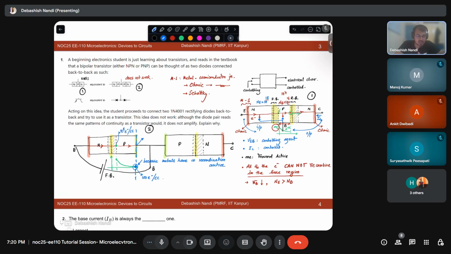Just tell me the order. It is around 10 to the power 22 electrons per centimeter cube. So do you see that these 100 electrons per centimeter cube find any significance when it reaches 10 raised to 22 electrons per centimeter cube? It is equivalent to saying that the number of excess electrons at this point is equal to 0.